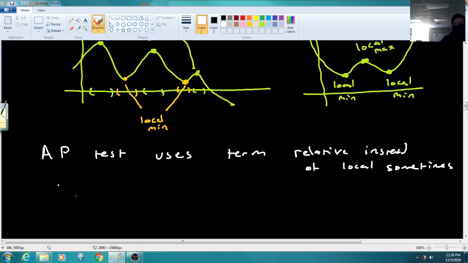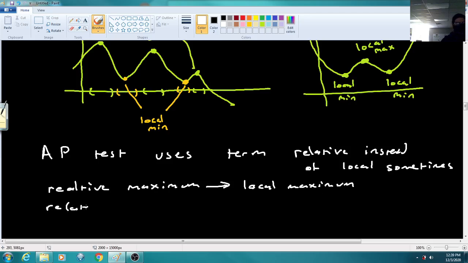So you may see stuff like, if it's asking about a relative maximum, that is the same thing as a local maximum. And a relative minimum means the same thing as a local minimum.